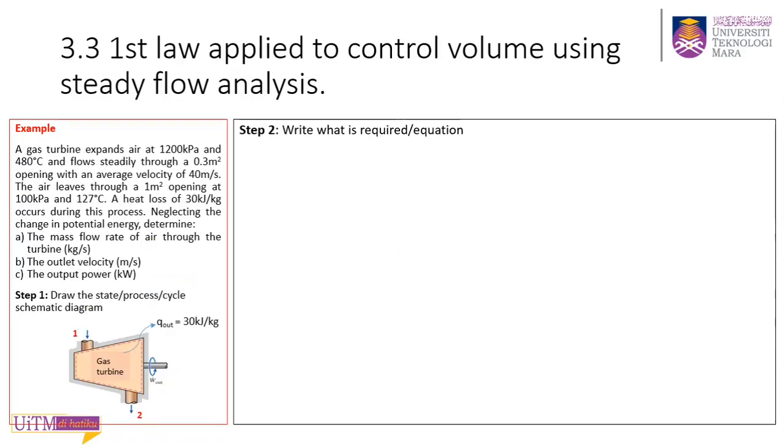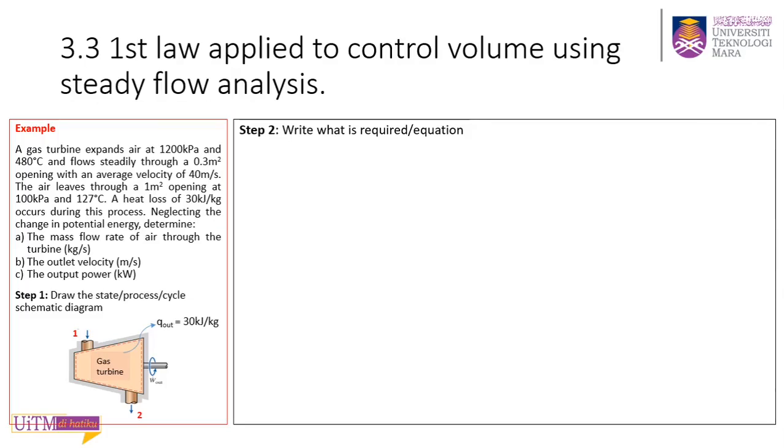Now, for the second example for turbines, you can pause the video to read and understand the question properly. Again, for step 1, please try to draw the schematic diagram and label the inlet as state 1 and exit as state 2. Don't forget to label the value for Q out since it is mentioned in the question.